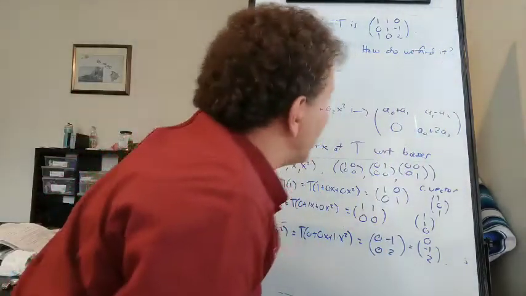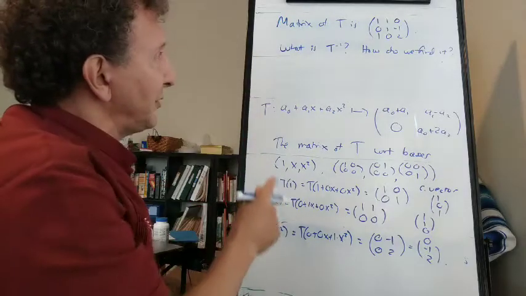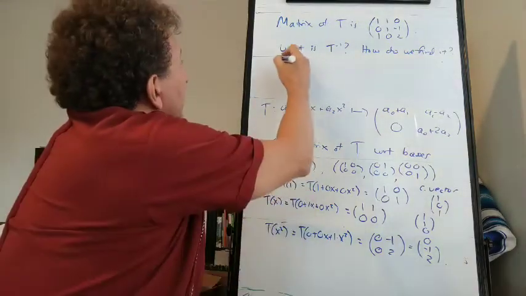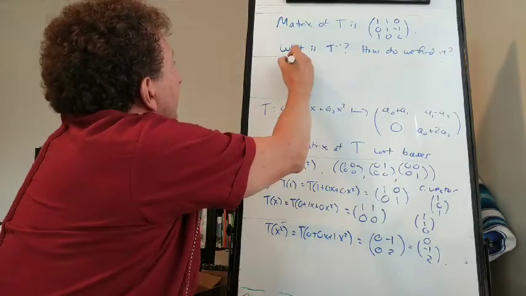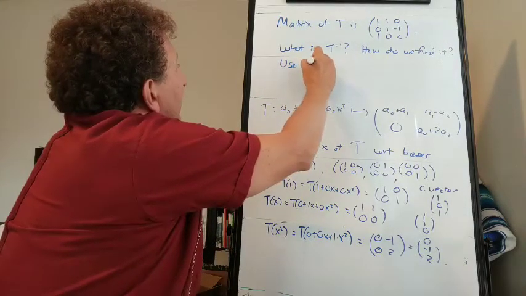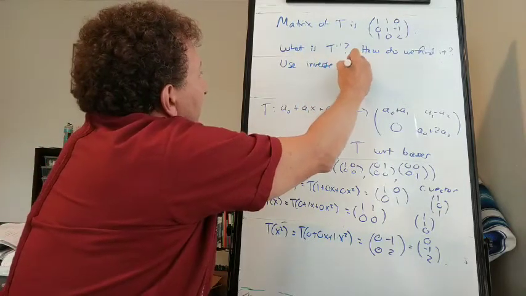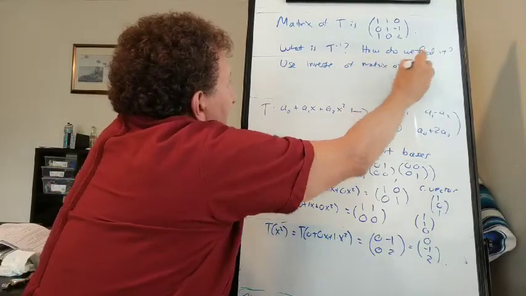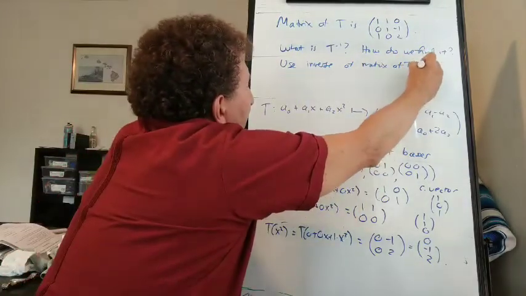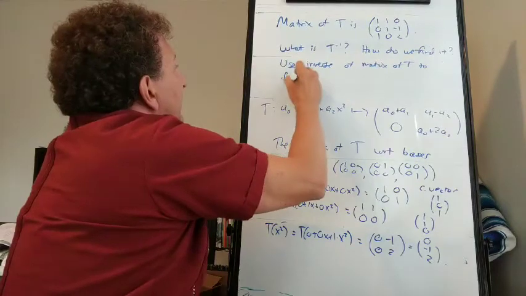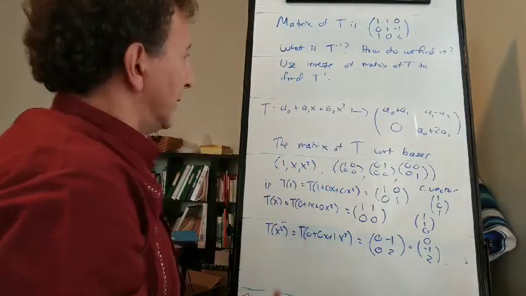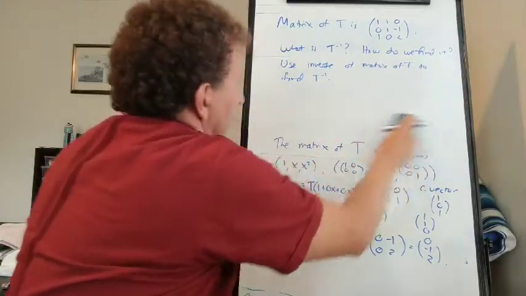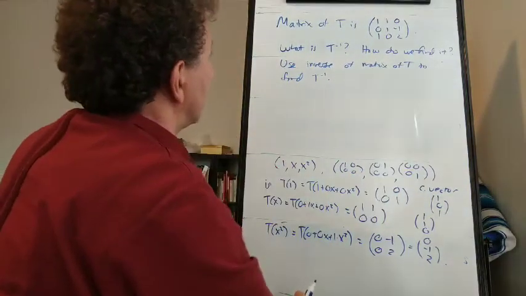Well, I think the easiest thing to do is to find the matrix of T, which we just did, invert the matrix, and the inverse matrix will tell us T inverse. I inverted this matrix already, so you don't have to watch me go through all the steps.